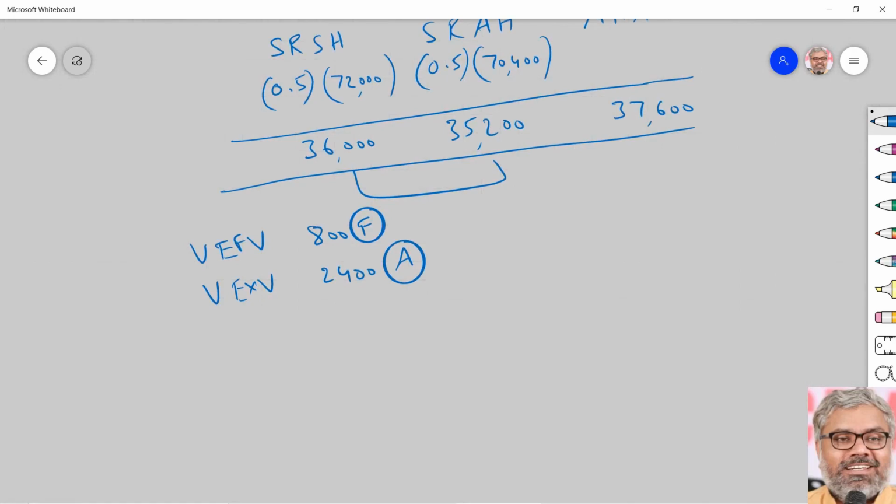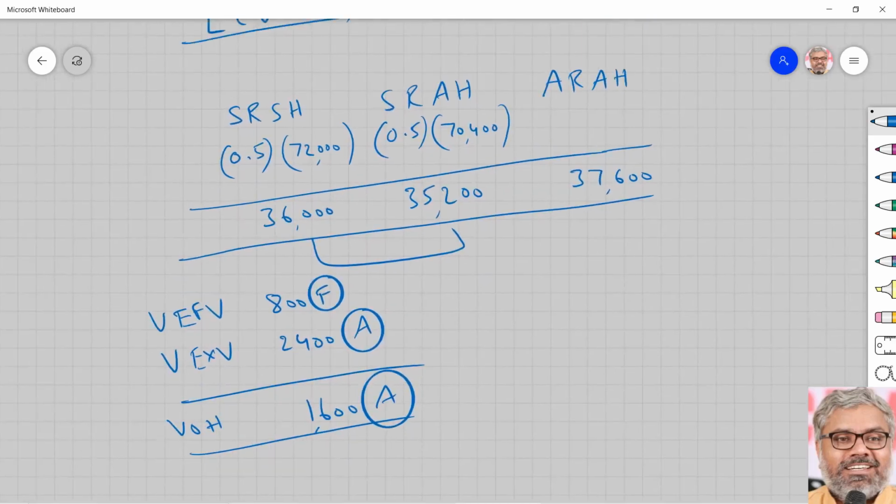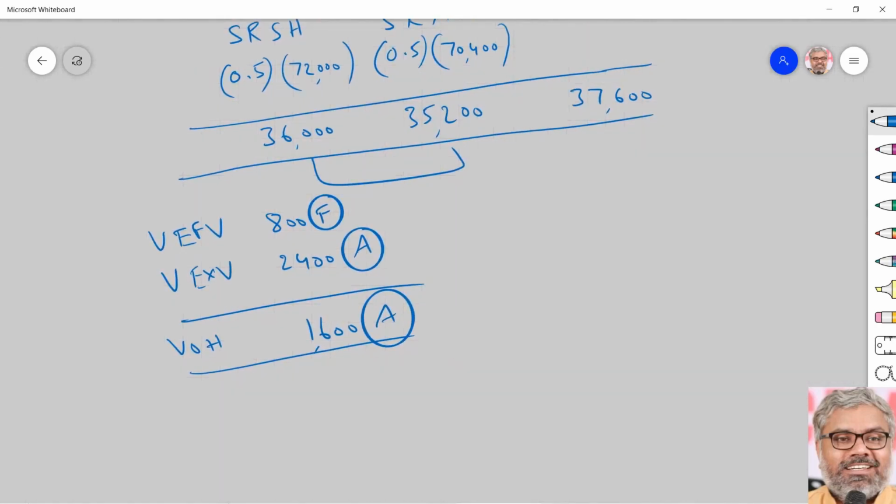So naturally the total variable overhead variance will be how much? 1,600 adverse, same as we already calculated. We are just finding out the details of them. So efficiency variance is 800 favorable, expenditure variance is 2,400 adverse, and variable overhead total variance is 1,600 adverse. That's all.